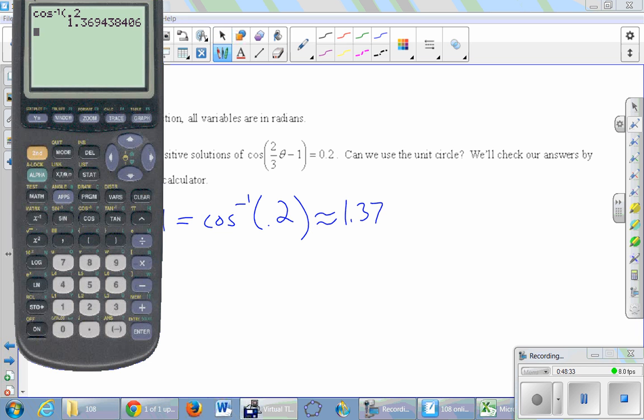And then a real quick unit circle to figure out where the other fundamental answer is. So we know that 1.5 is roughly up here. So 1.37 must be here. And this is a cosine, so it's the x value. The x value is the same at this point down here. So let's find the other answer, which is to go from here all the way around. Definitely that's 2 pi minus 1.37.